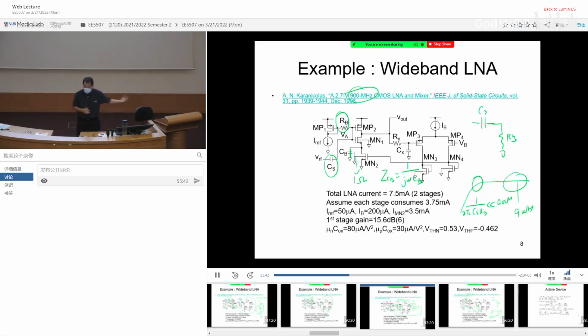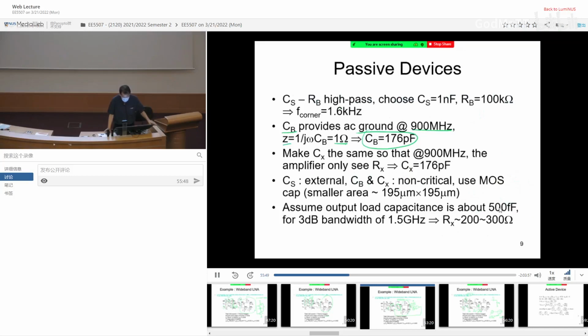And since CS is at the input, this capacitance can be easily put outside the chip. So I just pick CS equal to 1 nanofarad, and then RB I make 100 kilo ohm. So the low frequency cutoff is 1.6K. So I still make sure the band is wide enough.